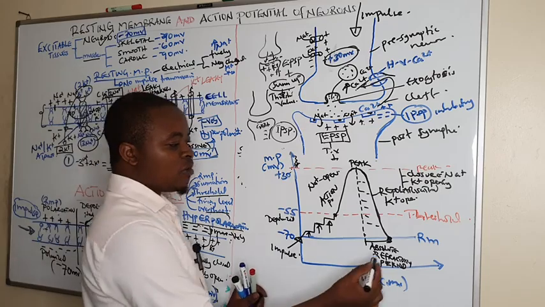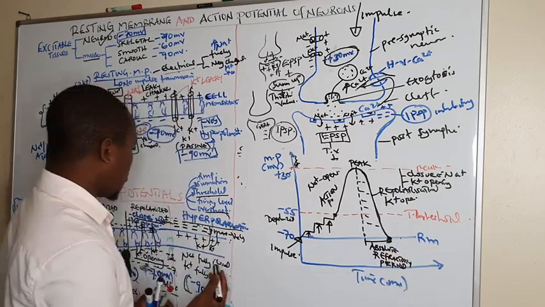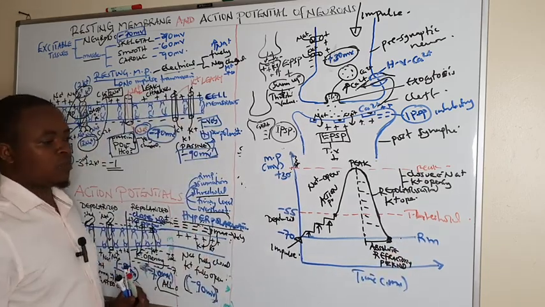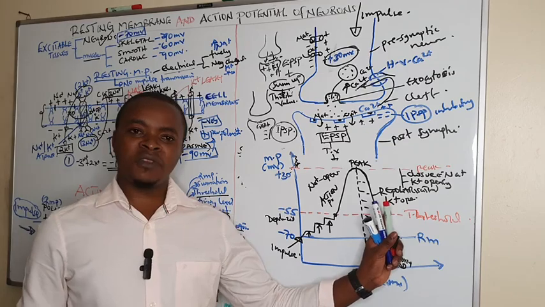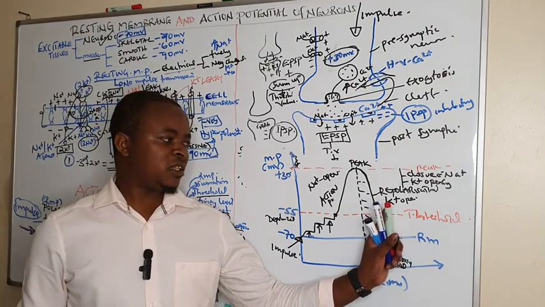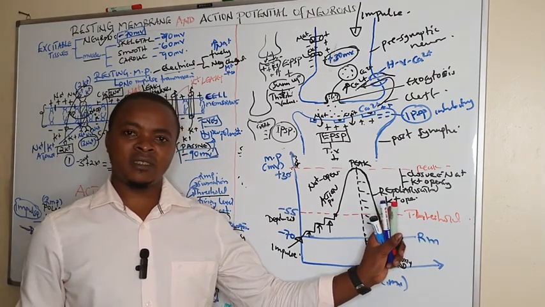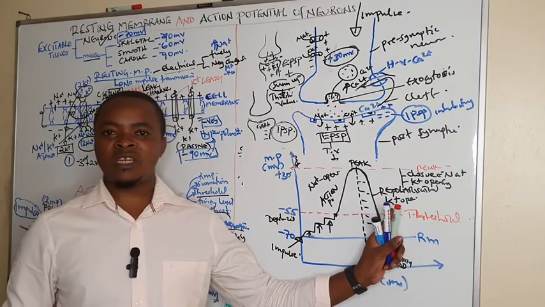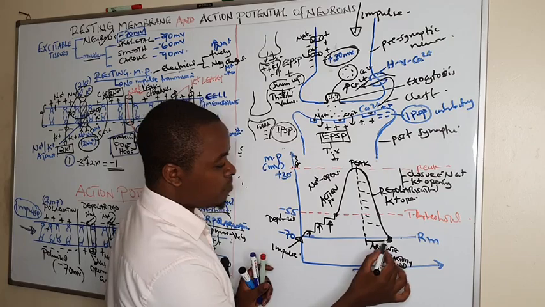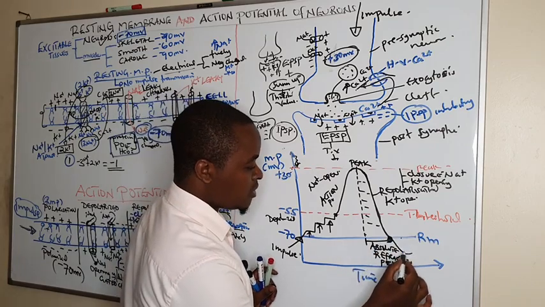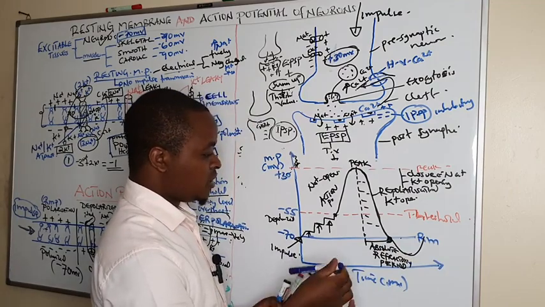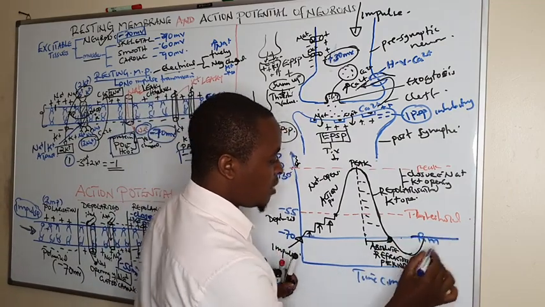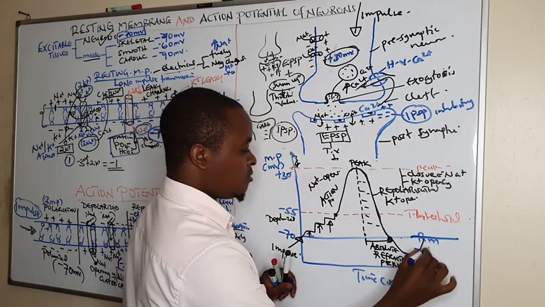Then, after restoring the resting membrane potential, we have what we call hyperpolarization, whereby the complete opening of the potassium channels and the complete closure of the sodium ion channels bring about hyperpolarization of the cell, whereby the neuron becomes hyperpolarized.